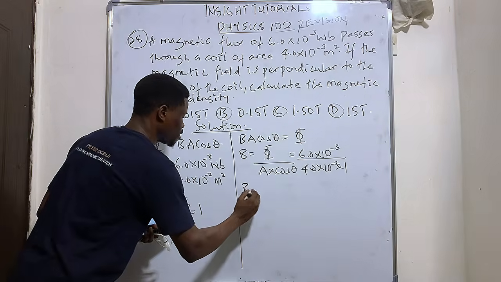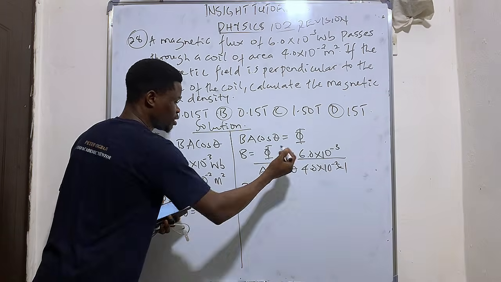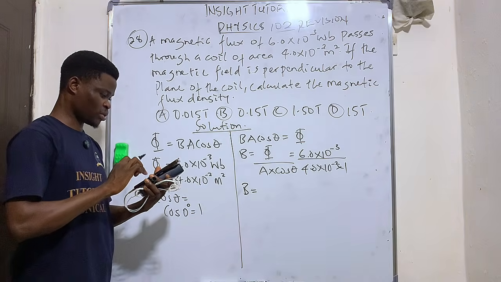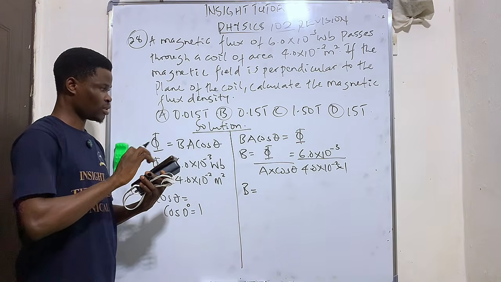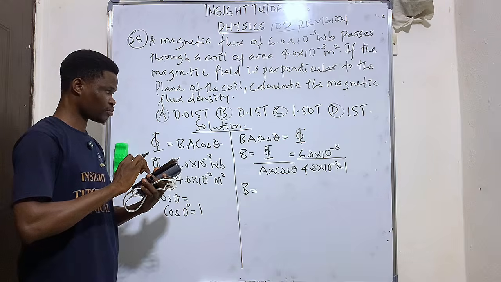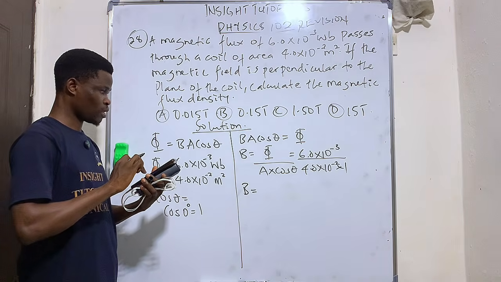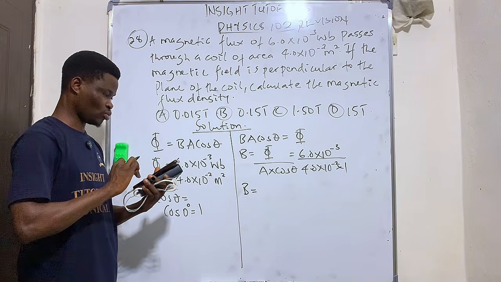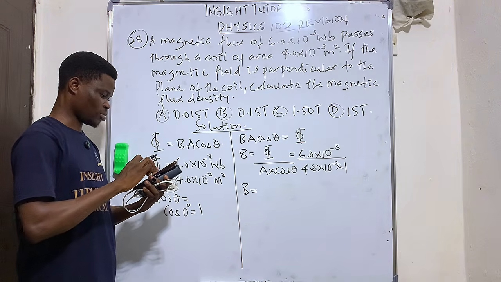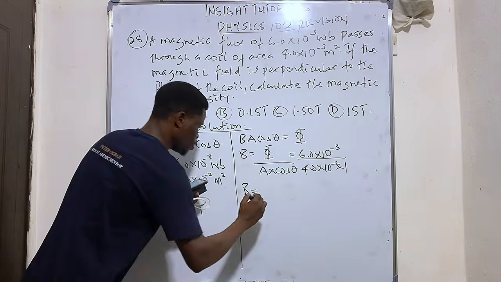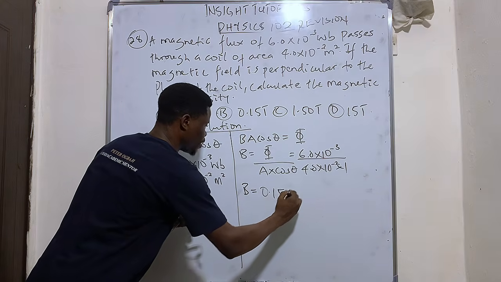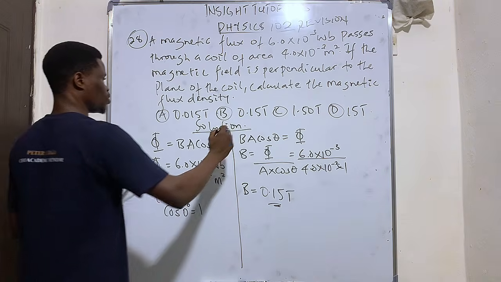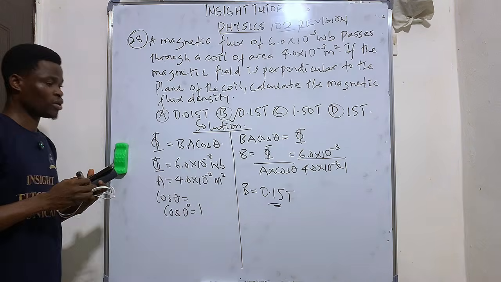So our magnetic flux density is given as, if we do it in our calculator, 6.0 times 10 raised to the power of minus 3 all over 4.0 times 10 raised to the power of minus 2. Our answer will be 0.15 Tesla. So our correct option is option B.